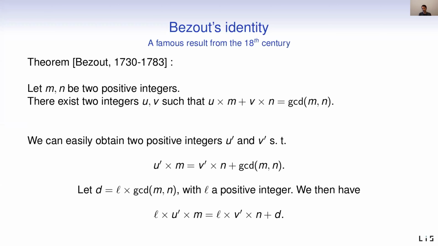Now, we're interested in another form of this result, that is with u prime and v prime positive, u prime times m is equal to v prime times n plus the GCD of m and n. And more generally, if d is a multiple of the GCD of m and n, then we can multiply everything and obtain something times m equal something times n plus d.